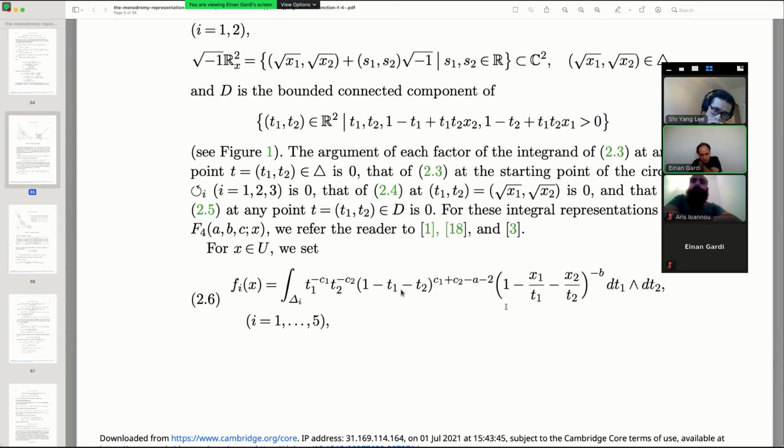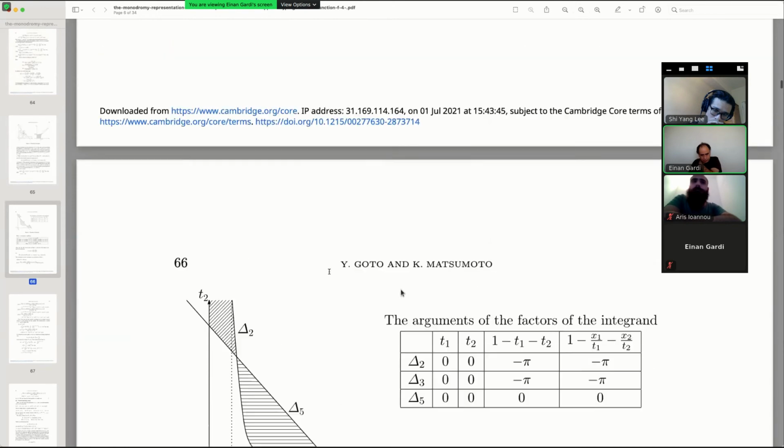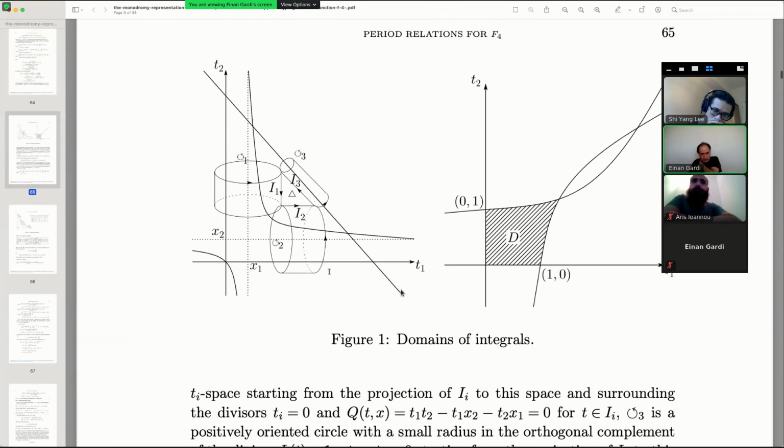Now, let's see. So you see, this is the question that has to be asked to understand whether there is a branch point based on this integral representation.